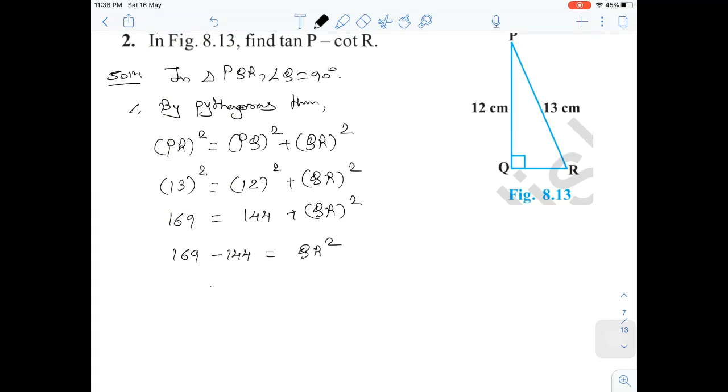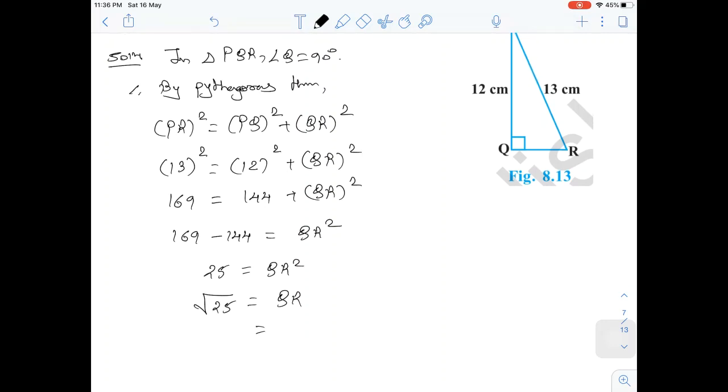So that is 25 equals QR square. We don't need this square, so let us find the value for only QR. We can write it as under root 25 is equal to QR. Therefore, the value of QR is 5 centimeters. Now, let us write this value over here, that is 5 centimeters.